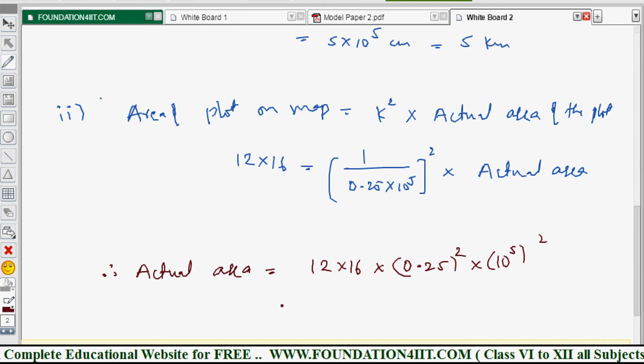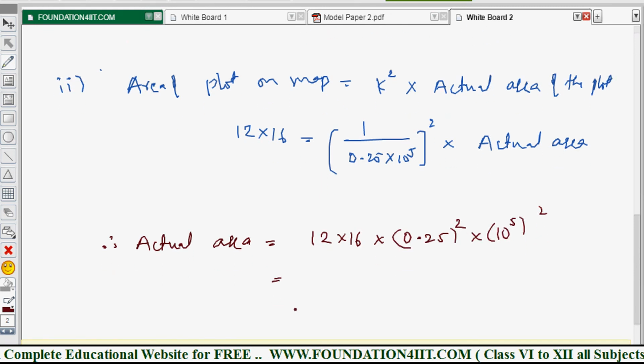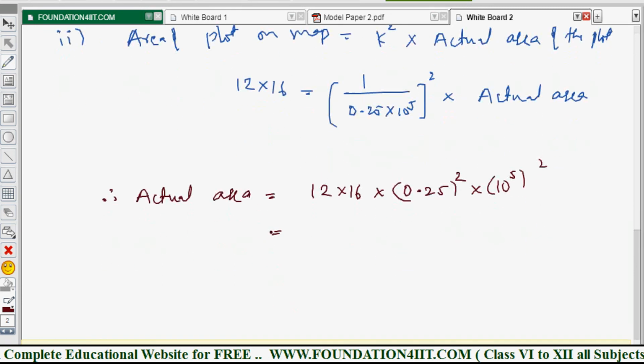Apply the square to all and simplify. If you want to simplify more, 0.25 whole square, that is 0.25 is 25 by 100, whole square. I am just making simplification, and 10 to the power 5 whole square.